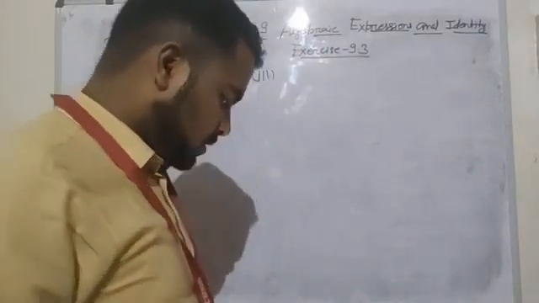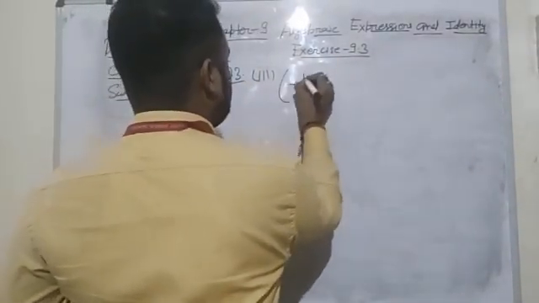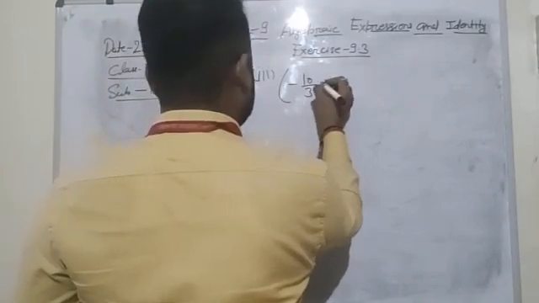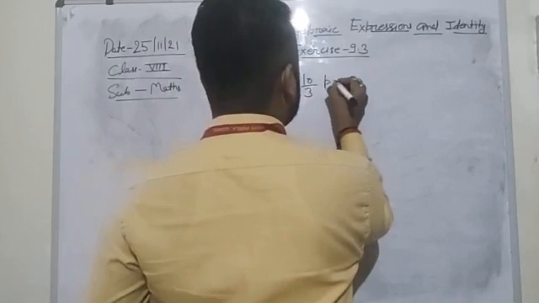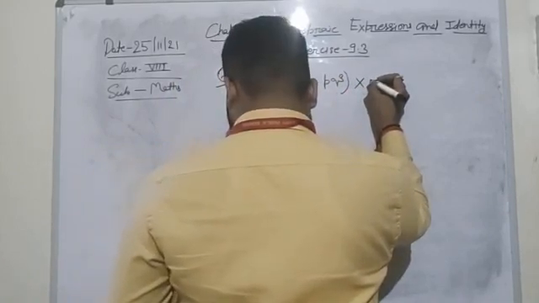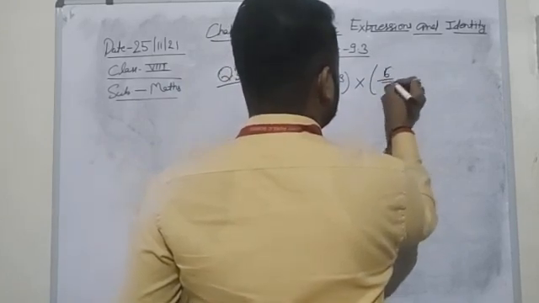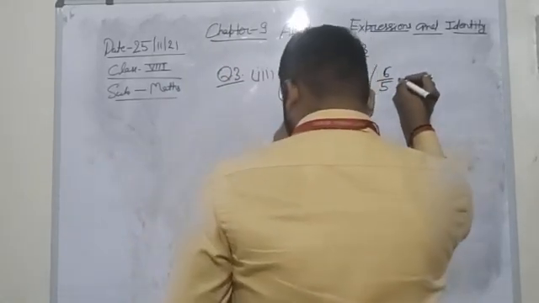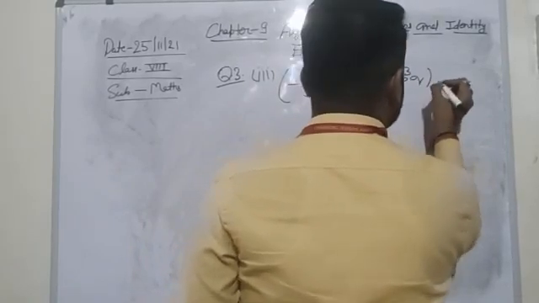Question number 3, third part: minus 10/3 p³ multiplied by 6/5 p³q.